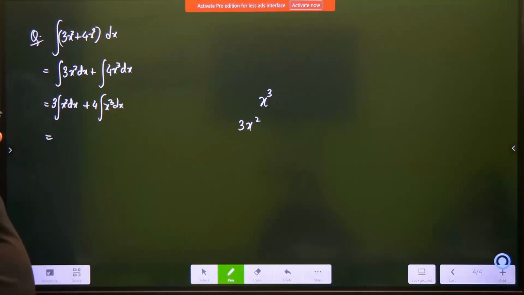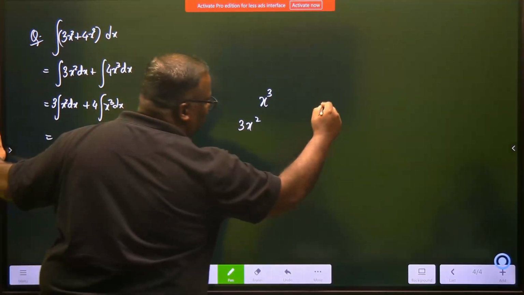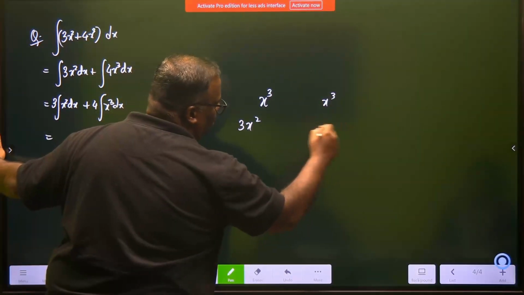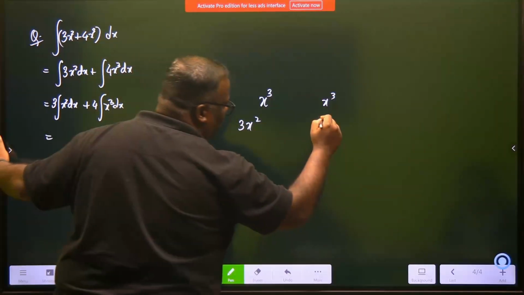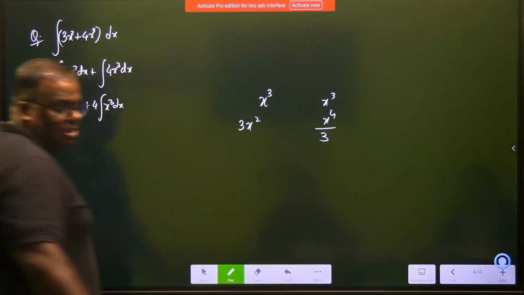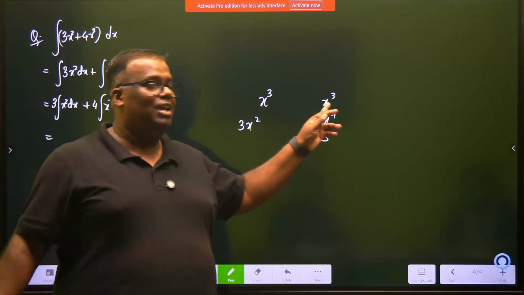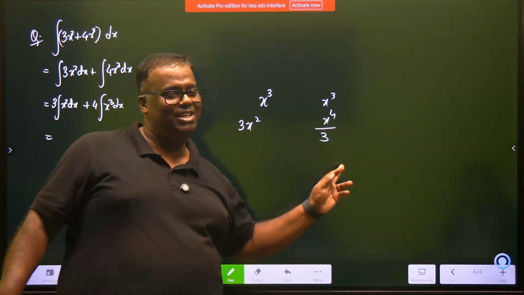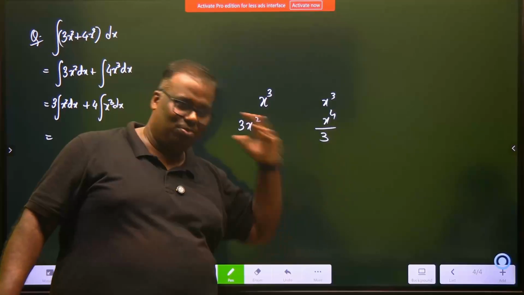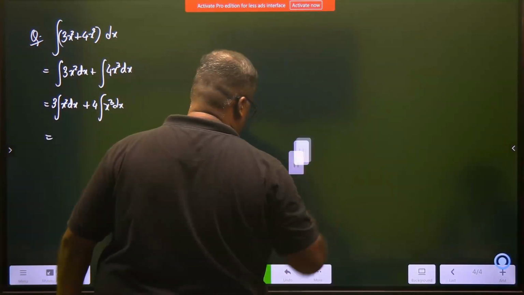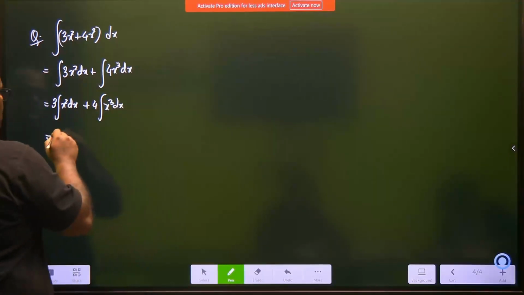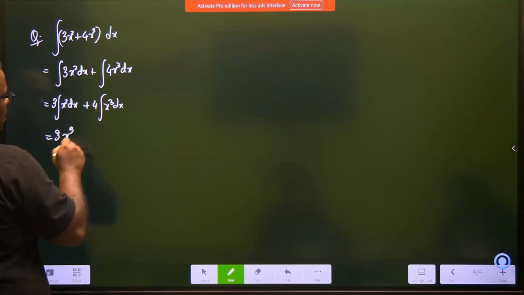Integration is everything opposite. You brought a multiple, now it will become a divisor, and the power will go up. Did you not do the formula n plus 1 divided by n plus 1, 3 plus 1 divided by 3 plus 1? We can do it in that manner also. Slowly we will do it, it will get faster, no problem. So 3x cubed by 3.